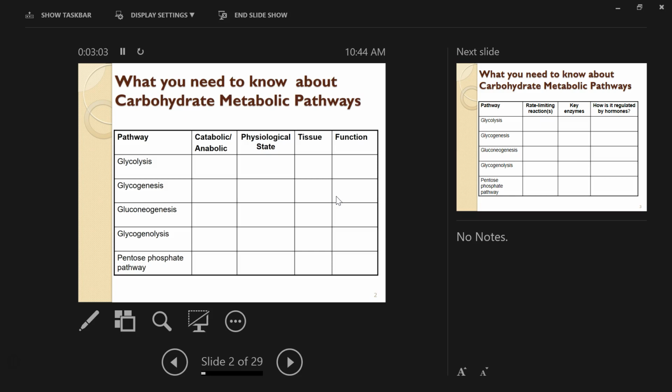Like glycolysis, basically every tissue, every type of cell is able to do glycolysis, right? And gluconeogenesis only occurs in some tissues, like liver and kidney, and not the other tissues.